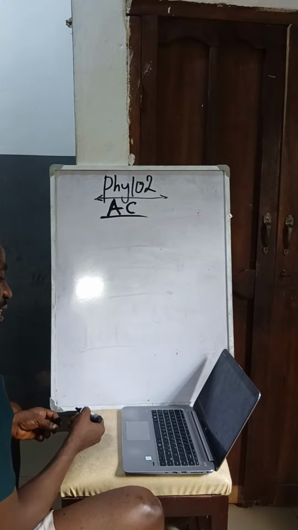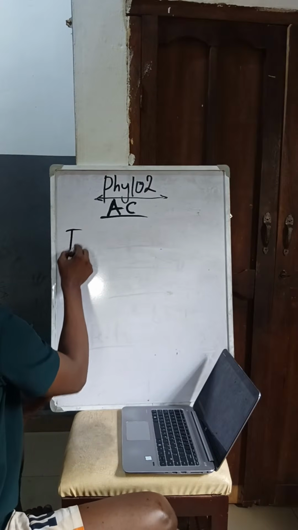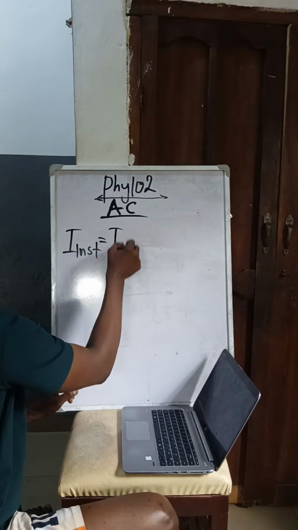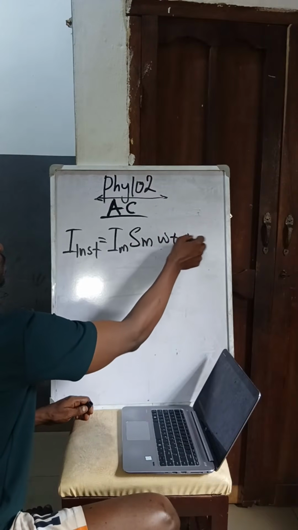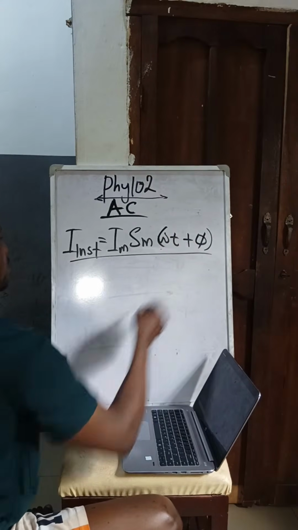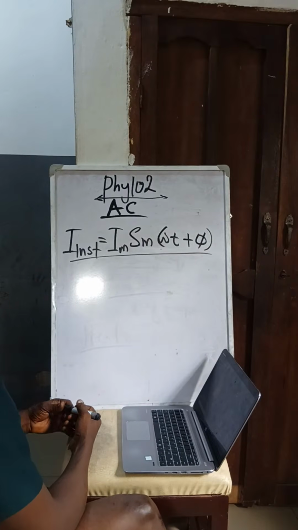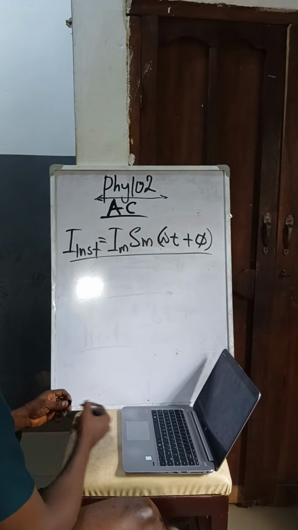Instantaneous value is I peak value times sine of omega t plus phi. What is the peak value of AC current?